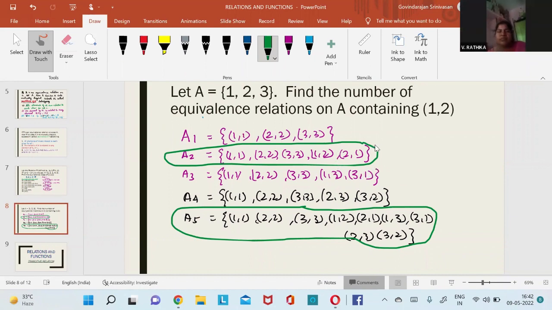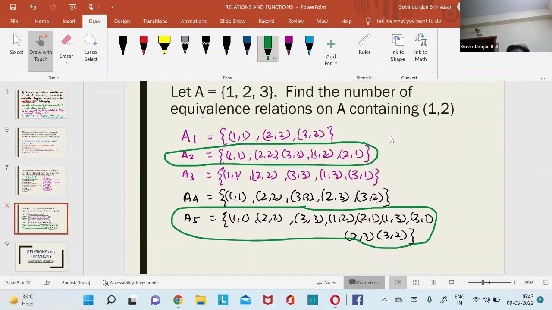And then the transitive relation, the first one we call a transitive relation. How can you write that it is a transitive relation? Can anyone tell me? First A1: it is obviously reflexive, and it is symmetric. And how can you say it is transitive? Anyone, madam?